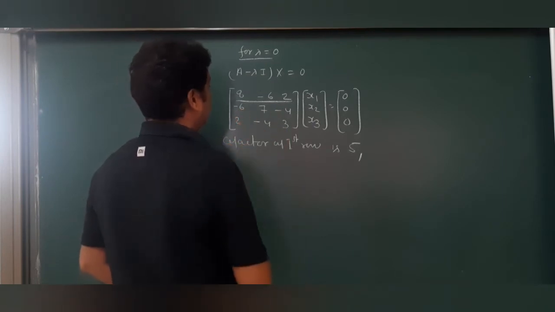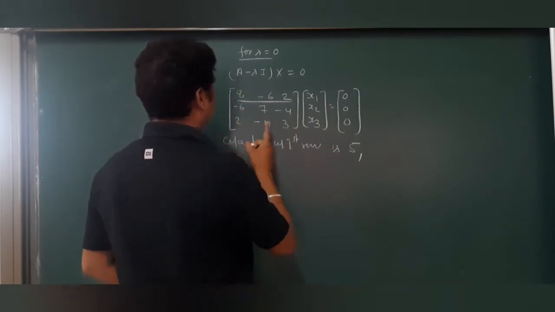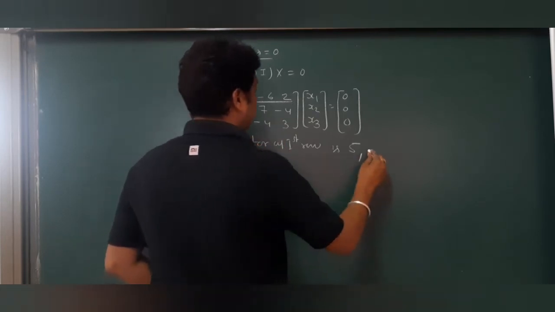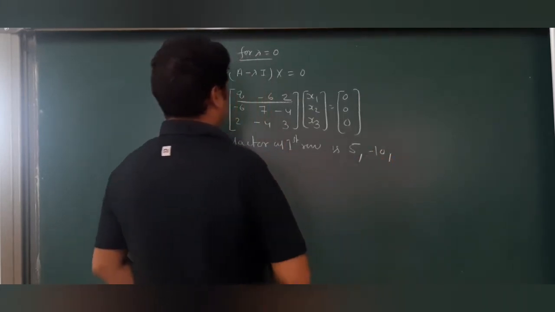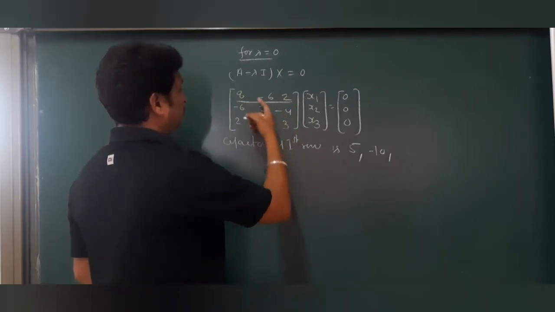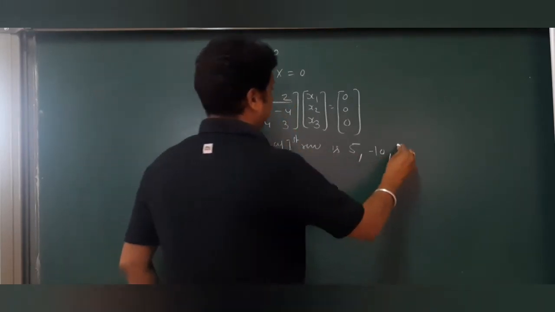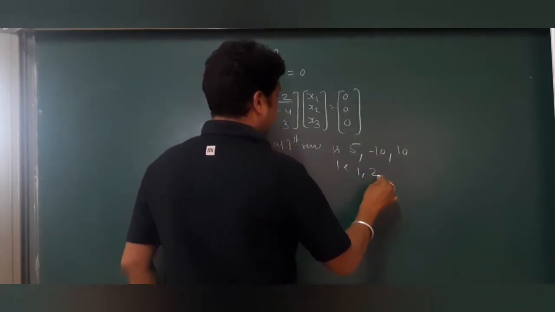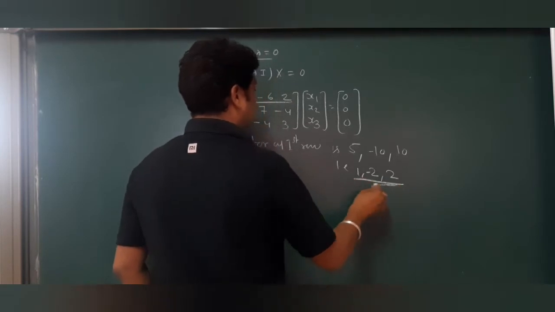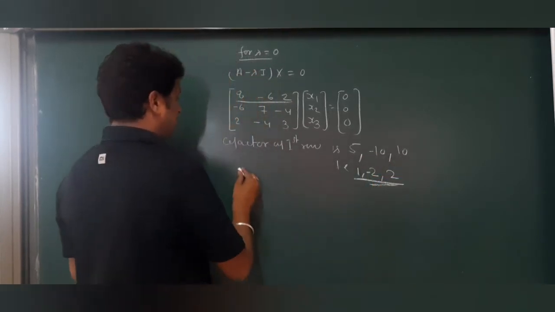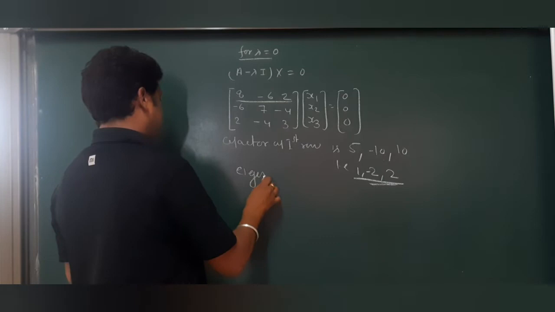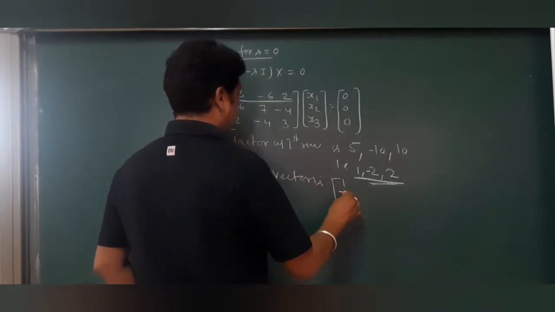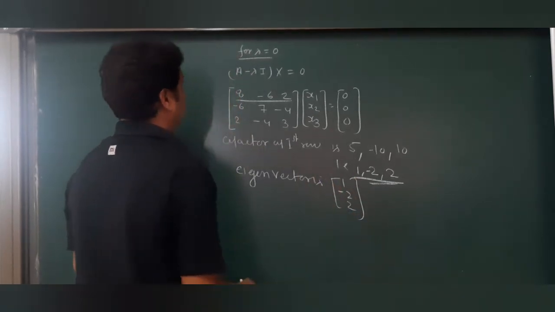Minus 8 minus 18 plus 8 means minus 10. What is the cofactor for 2? 24 minus 14, that is 10. So we get 5, minus 10, 10; dividing by 5, it is common. So the eigenvector is 1, minus 2, 2. Just simply calculate.